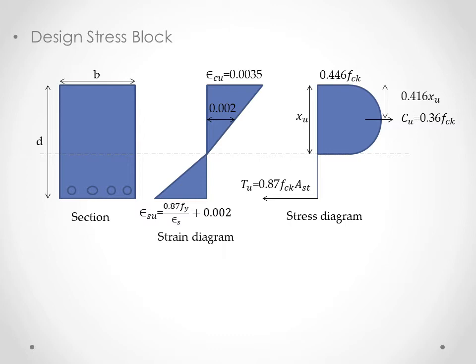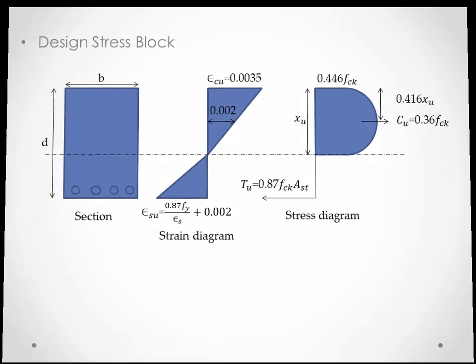Now there's a proof for this in this analysis. We get a formula based on the ratio of neutral axis depth to depth. This proof we got from this analysis, which is on the next slide.